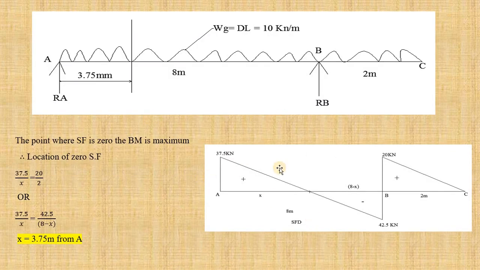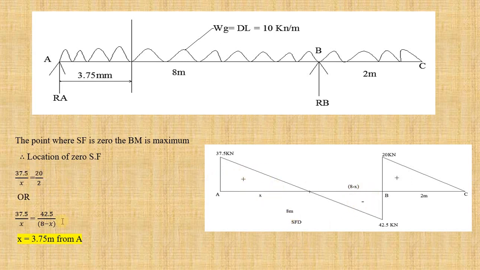Take the same SFD diagram. Here we have a concept called the similar triangle concept. To calculate the x value, we have two types of conditions, and you can apply either. First, you can consider positive triangle equal to positive triangle, or the other condition is positive triangle equal to negative triangle.